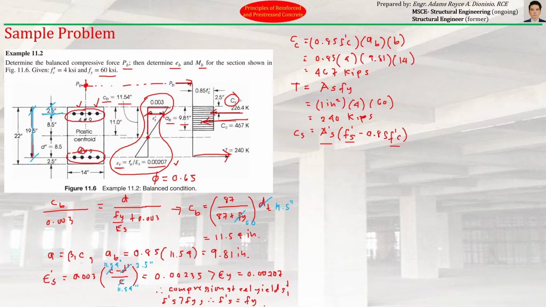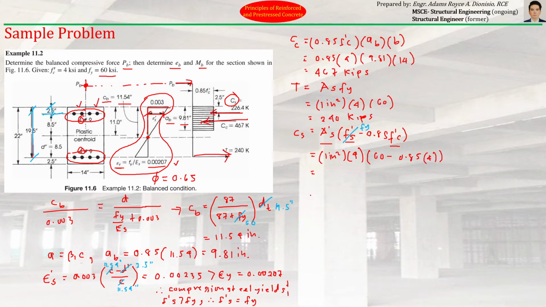But since na-compute na nga natin kanina na compression steel yields, alam na natin na yung fs prime will have a value greater than fy. And hindi naman natin ginagamit yung value greater than fy. Nililimit lang natin yung value niyan to fy lang. So, yung fs prime natin dyan will just be fy na lang. Okay? That is how we compute the value of Cs. So, As prime natin ay 1 square inch, yung area ng isang bakal, 4 siya, so times 4, times fy na lang, which is 60, minus 0.85 ng fc prime na 4.